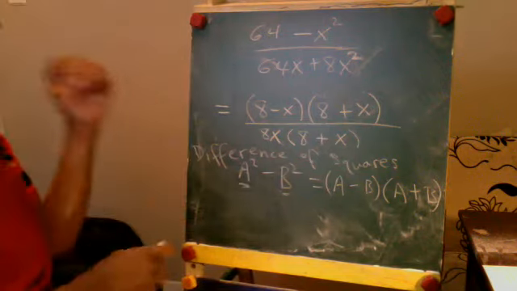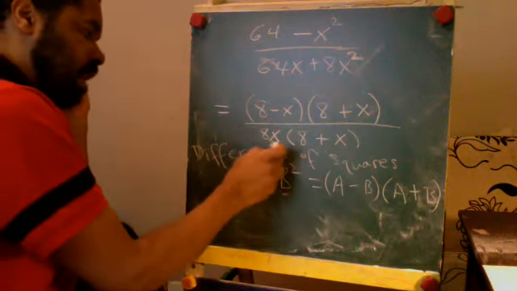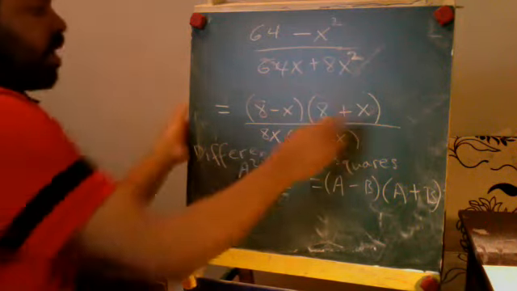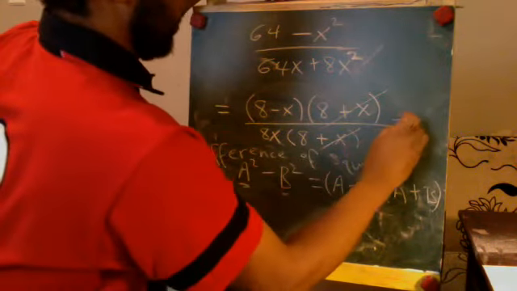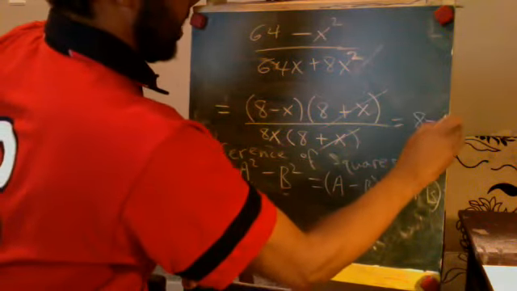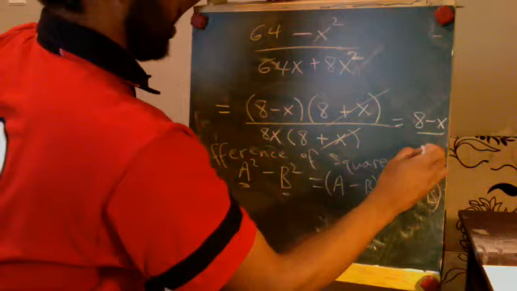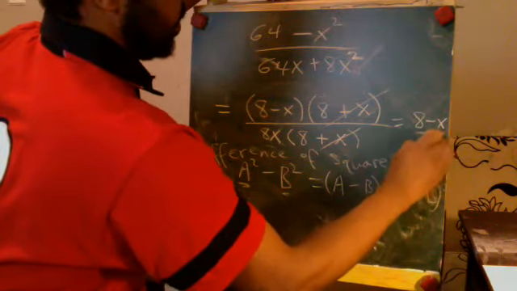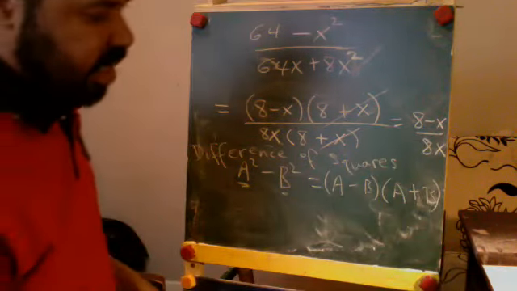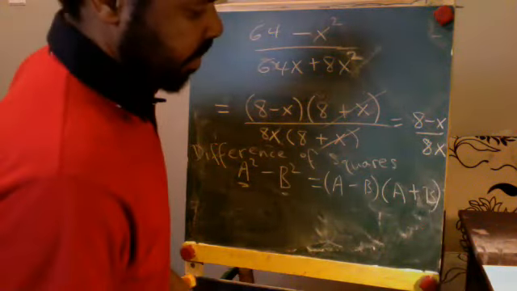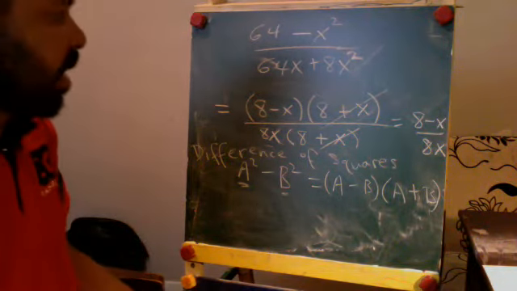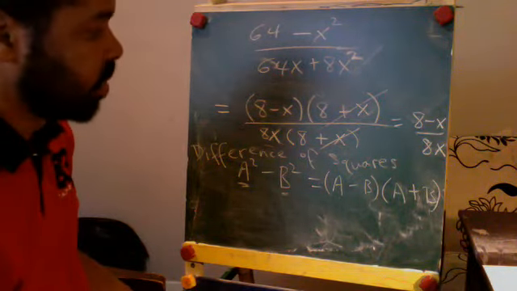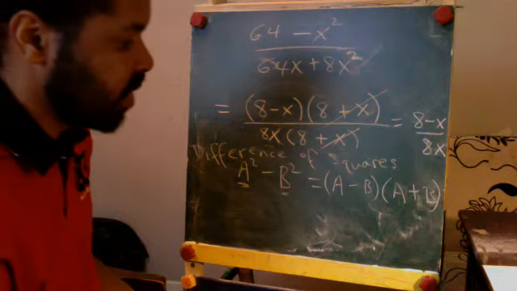So factoring 8x out, I'm going to have 8 plus x. And so the 8 plus x cancels out. And what I have is my answer is going to be 8 minus x over 8x. All right, I'm going to go over this again, okay? So what I have here is 8 minus x over 8x. The answer is indeed correct.